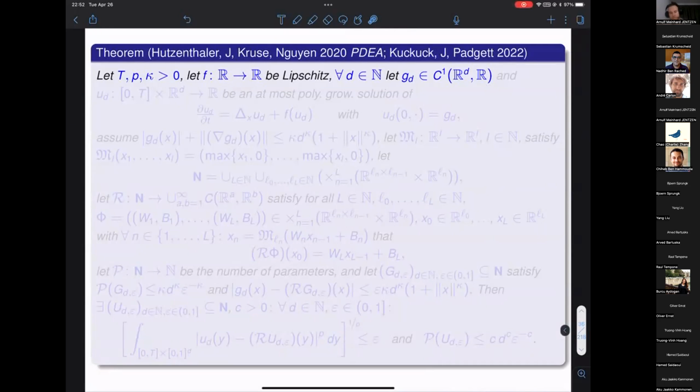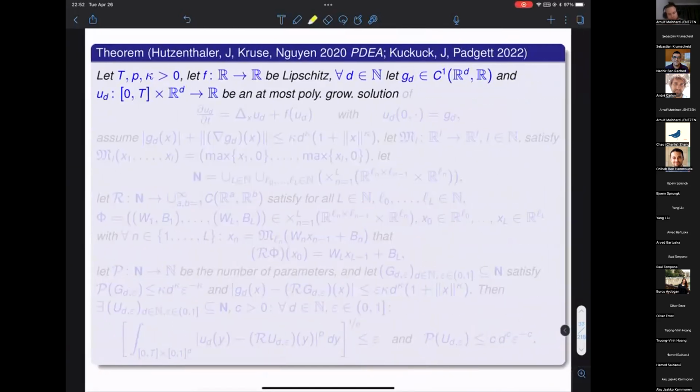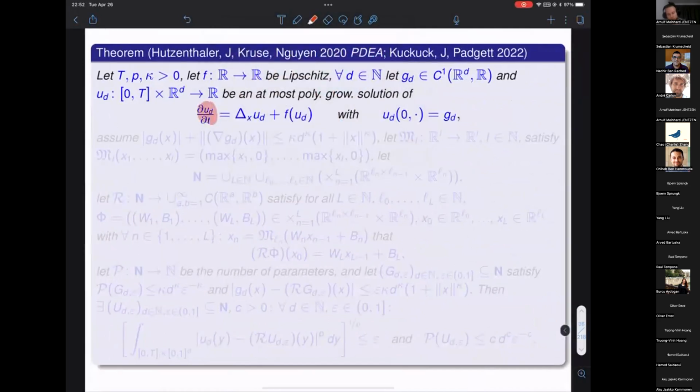And this g_d here denotes the initial conditions of the PDEs, because we now have a whole family of PDEs indexed over the dimension. And then u_d are at most polynomially growing solutions of these PDEs, the semilinear heat PDE with this Lipschitz nonlinearity.